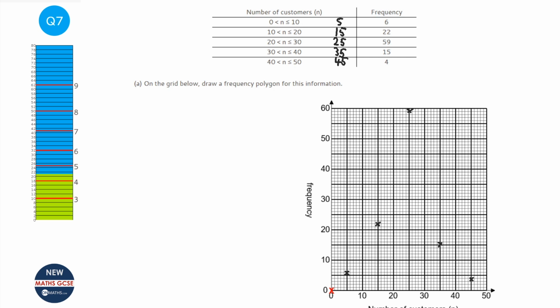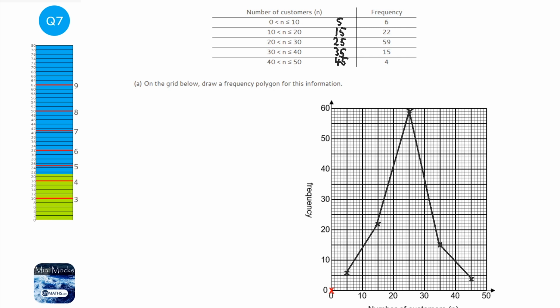Now we're only halfway done, and my points aren't exact because the screen I'm using isn't the most precise, but it's good enough. We're only halfway done because what we need to do is join these up with straight lines. So no curves needed. And when you join them up with straight lines, do not ever join up the last 2 points.